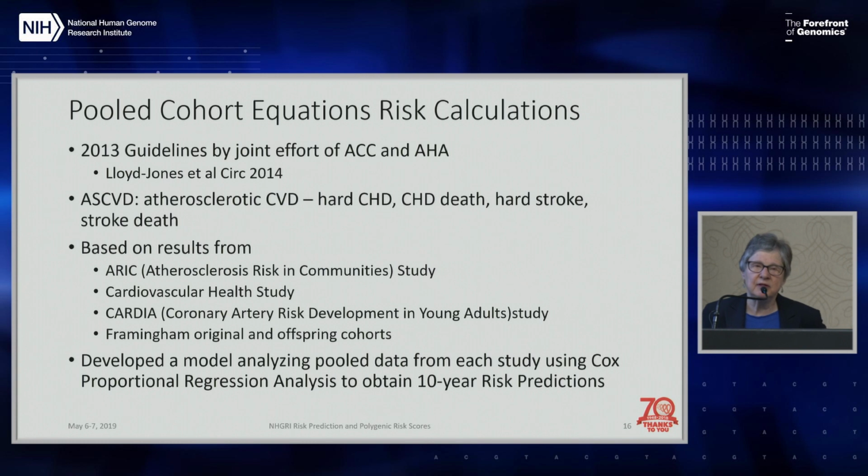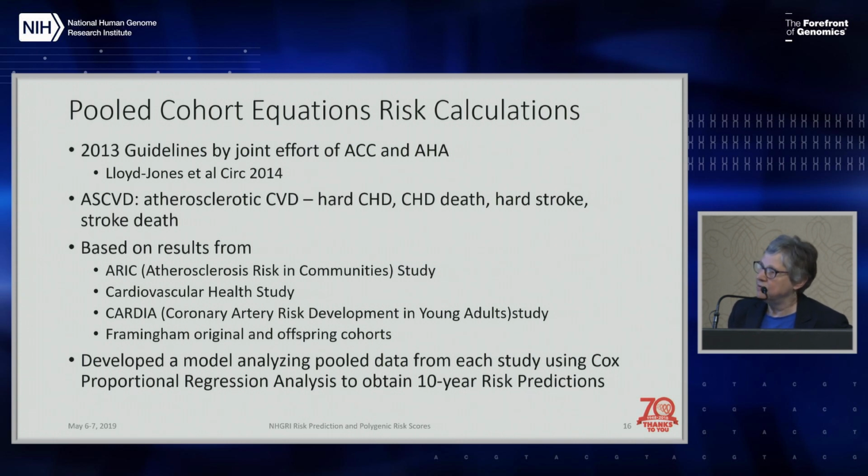So I went to the 2013 ACC-AHA paper by Lloyd-Jones and others that presented the results of that effort, coming out of, I'm sure, a year or more of effort to put together these guidelines for the ACC and the AHA.